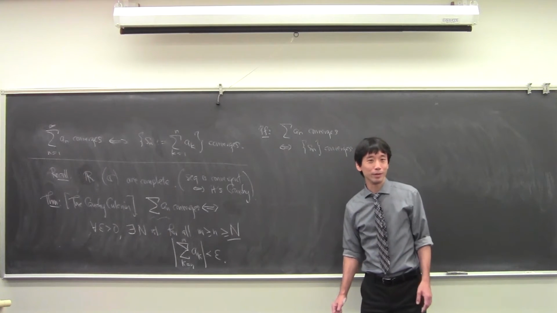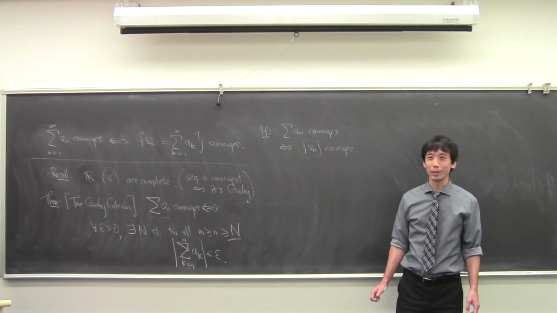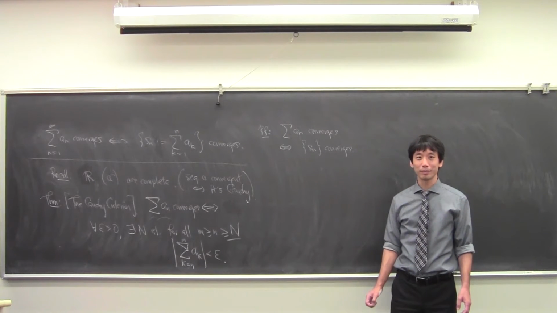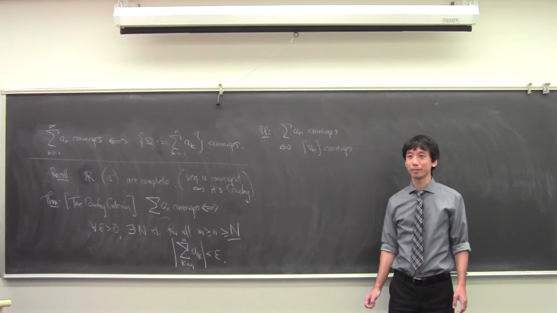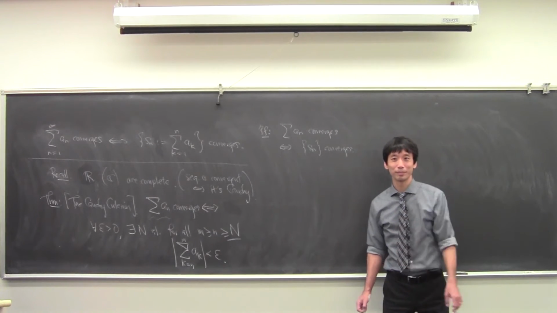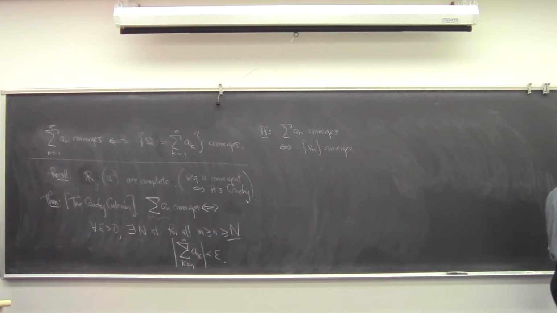Okay, talk to somebody for 10 seconds or so and see if you can explain to them why this is true. You can essentially make any of the tails infinitely small.